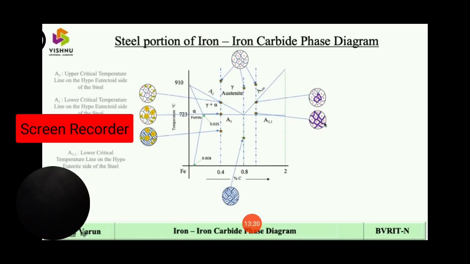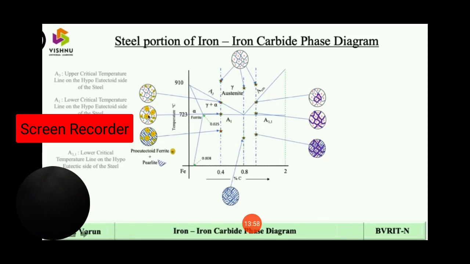This austenite which is present will transform again by the pearlite reaction, because only 0.8 percentage of carbon is maintained and the remaining carbon is formed as a cementite network. So it transforms into proeutectoid cementite plus pearlite.